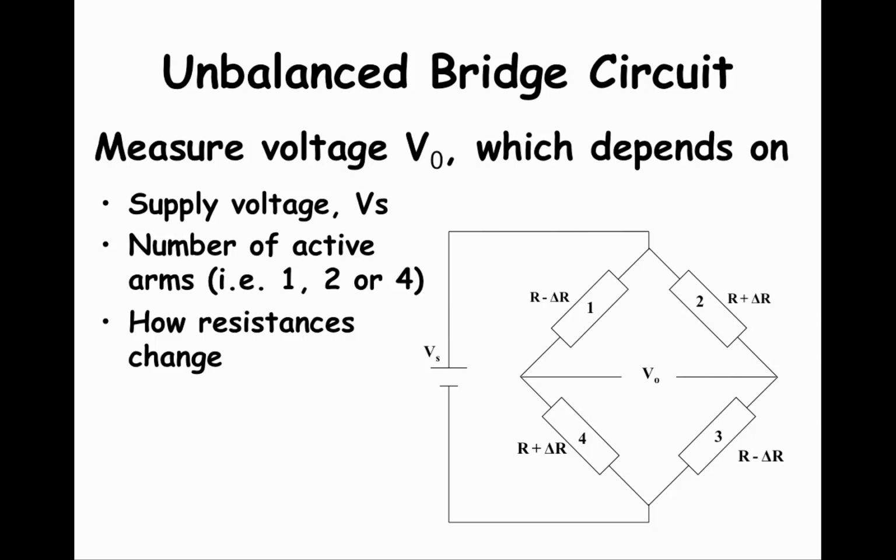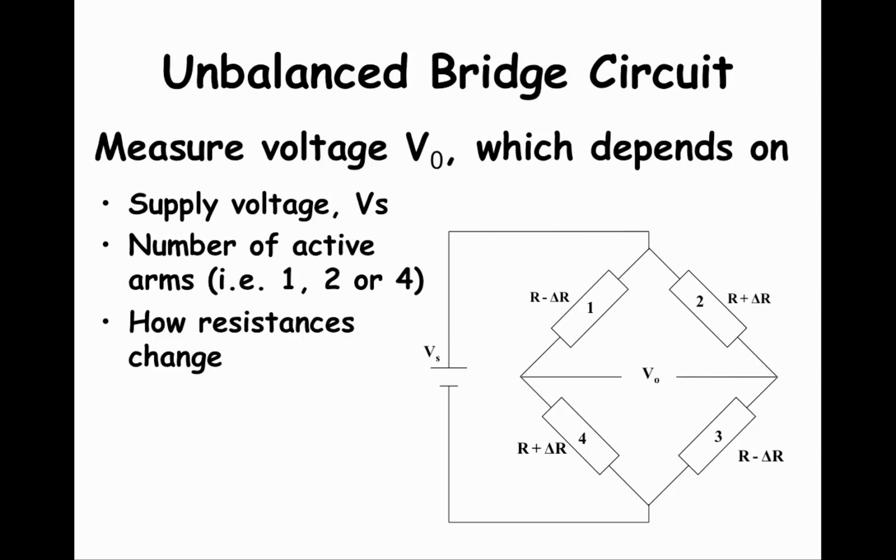Here is another sketch of a Wheatstone bridge circuit. This time, we label the resistances in terms of R plus delta R and R minus delta R. This corresponds to the way strain gauge resistances are commonly described.